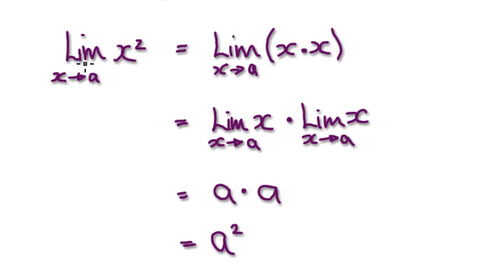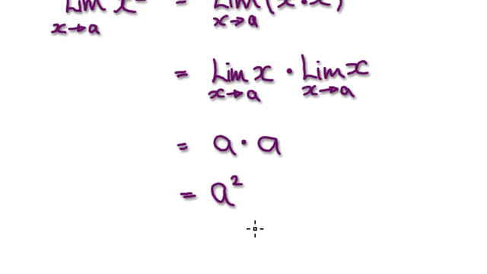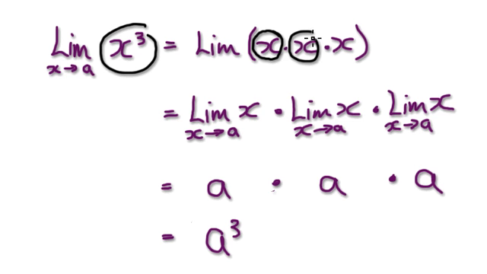The point I'm trying to make is that when you're given a polynomial, you can simply put the a into it. Let me give you another example. Find the limit of x to the power of 3, or x cubed, as x approaches a. You can visualize x cubed as one function times another, which are all the same function.